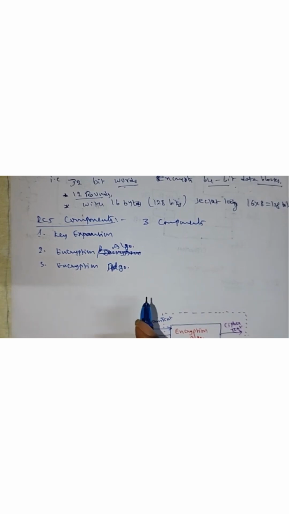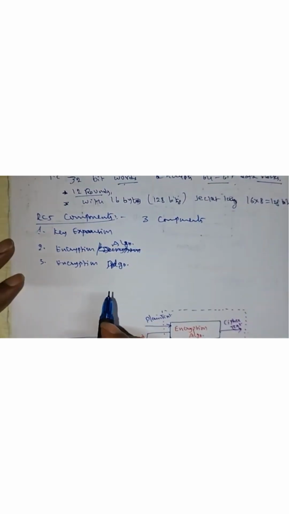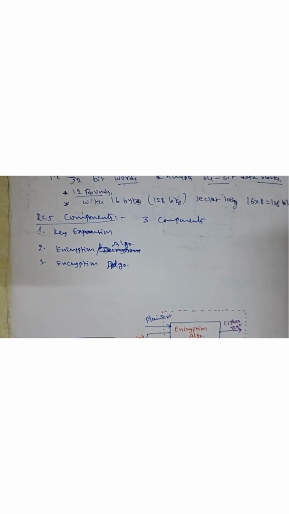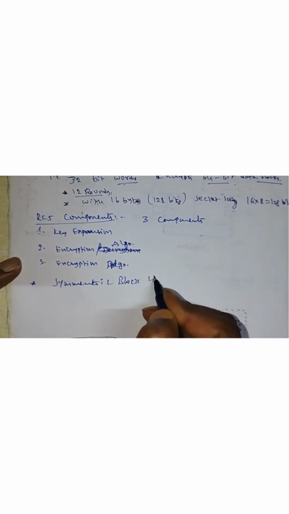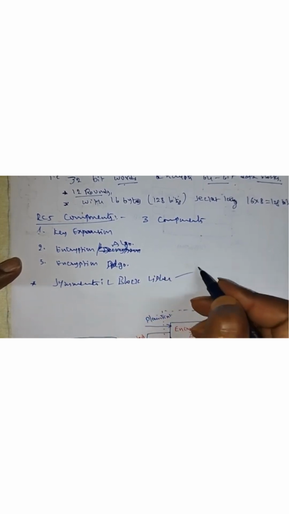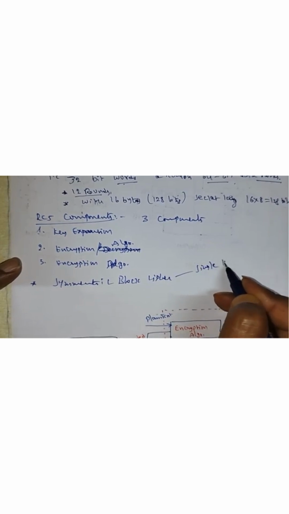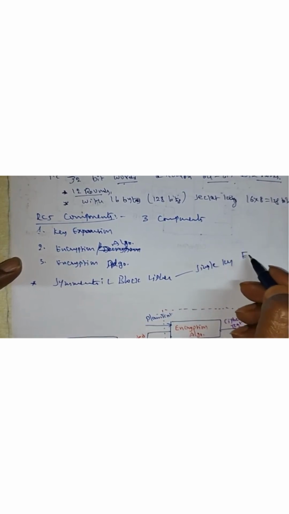What is RC5 first? RC5 is a symmetric block cipher. What is the meaning of symmetric block cipher? A single key is used for encryption and decryption.